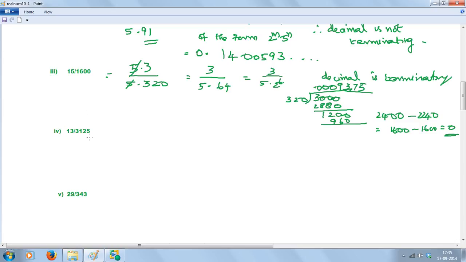So we can work out one more problem. It is 13 divided by 3125.